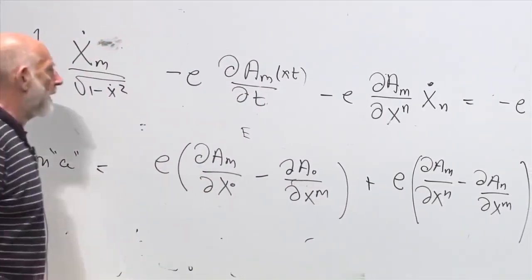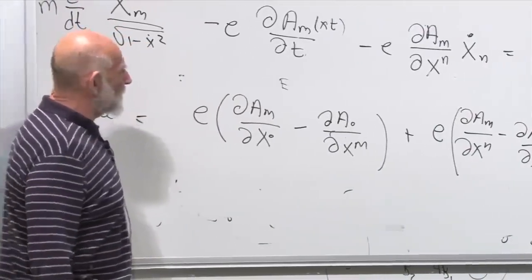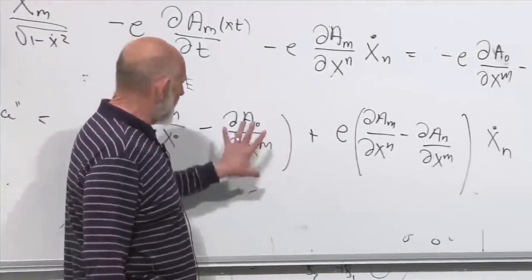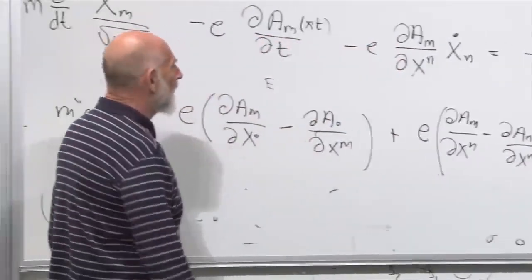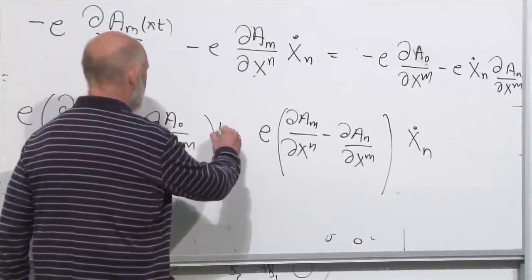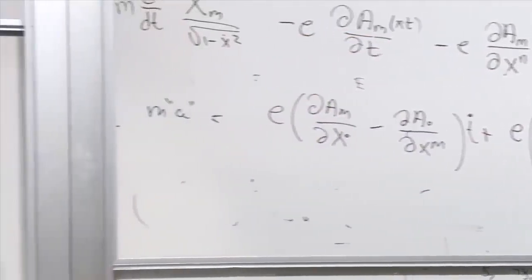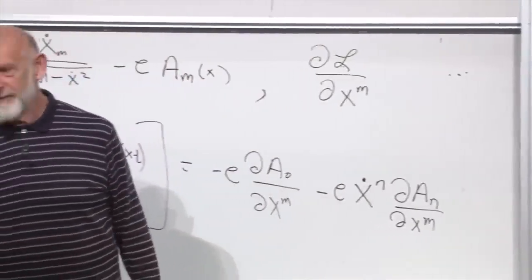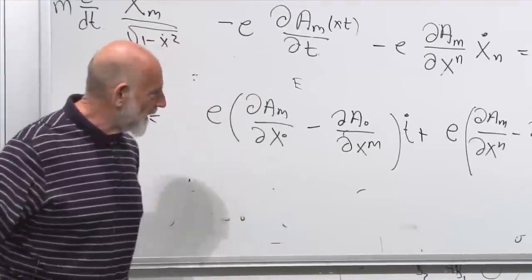All right. Let me do something over here to make this term a little more parallel to this term. I'm going to write something stupid here. I'm going to write t dot here. What on earth is t dot? It's dt by dt. It's just one. Or I could also write it as x naught dot.